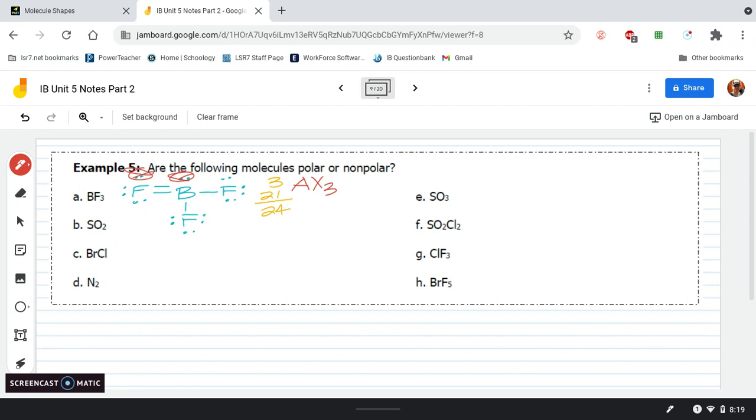So that one, A, right here, is going to be non-polar. Not polar because look, there's no electrons in the middle, no lone pairs, and all of these are fluorines. So that's a no for different X's, and it's a no for dots in the middle. So no and a no, non-polar. So that's going to be for A.